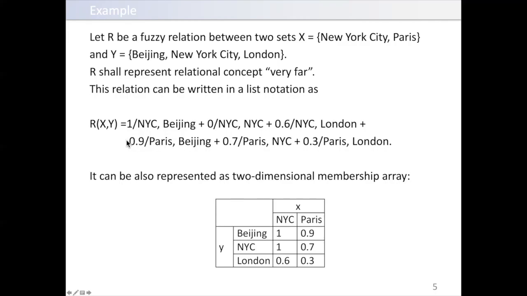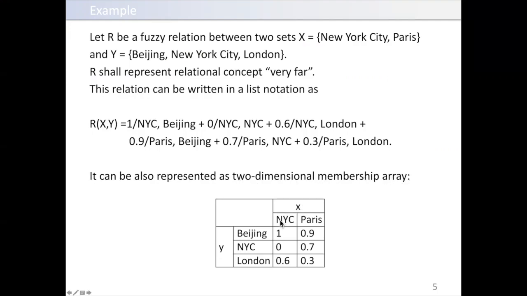Paris, Beijing has value 0.9, they are far. Paris, New York City 0.7, and Paris, London, they are not so far, has membership value 0.3 in the relation. It can also be represented as a two-dimensional membership array.